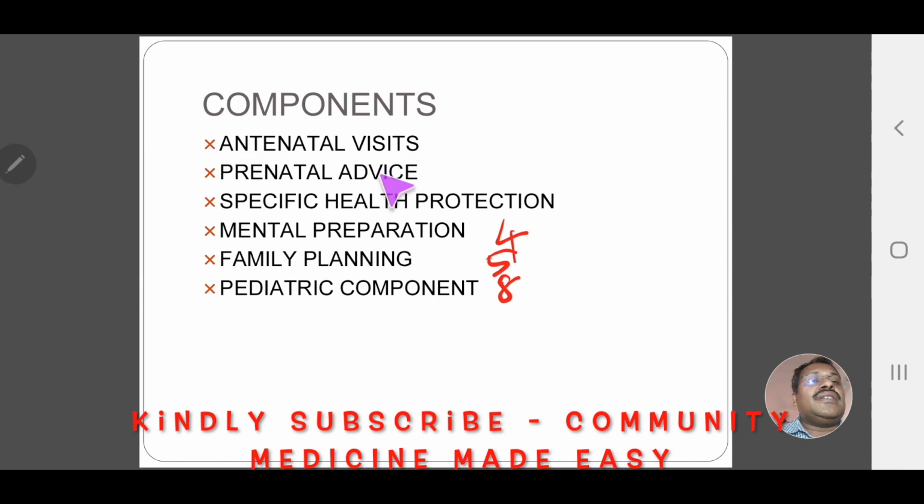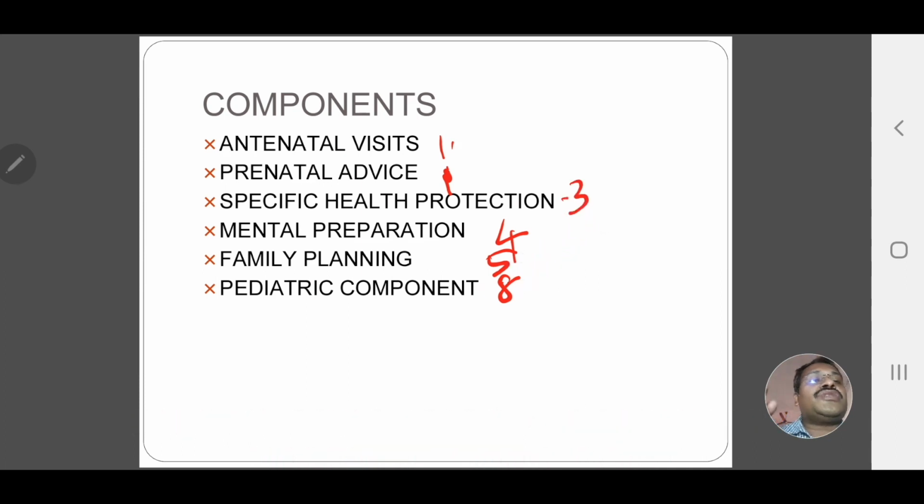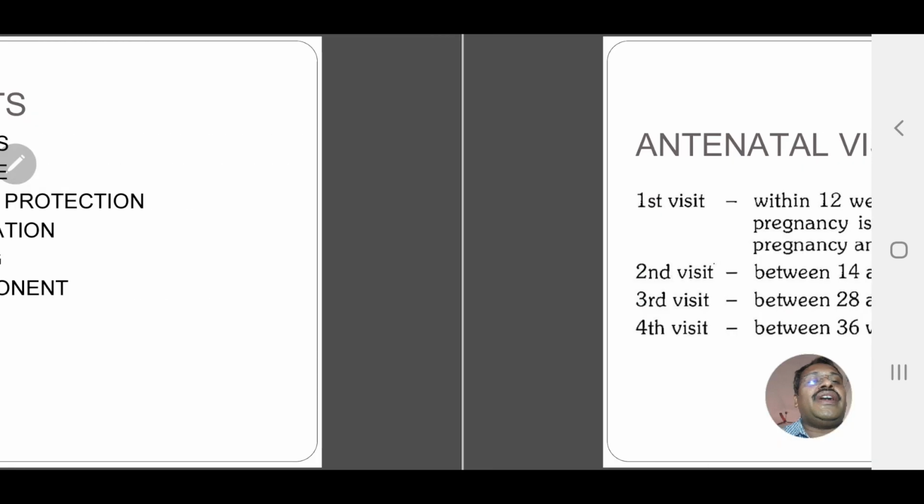The antenatal visit and prenatal advice is the health part, the first part, and the specific health protection we can associate with complications, because to reduce complications we have to give specific protection measures. So in this way you can remember the components.